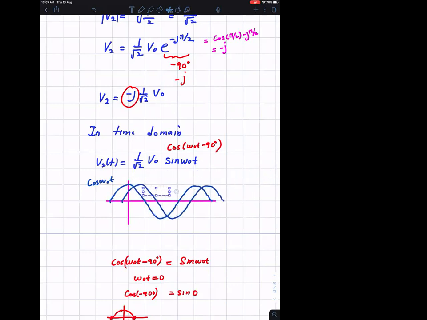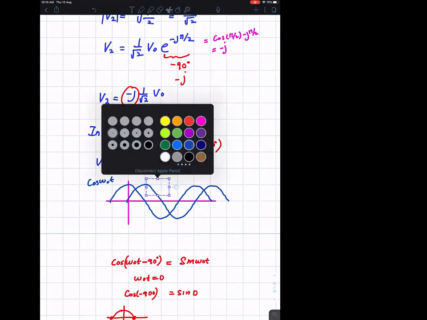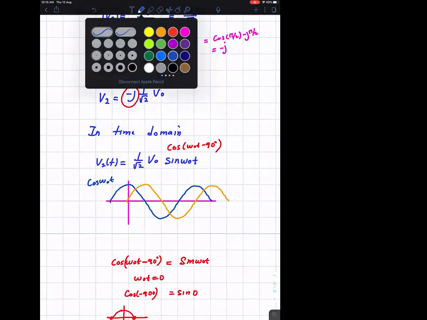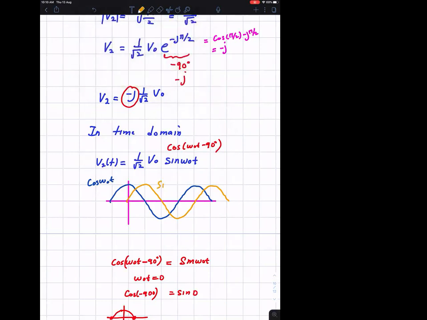So if we move it by 90 degrees, it becomes sine, as amplitude.